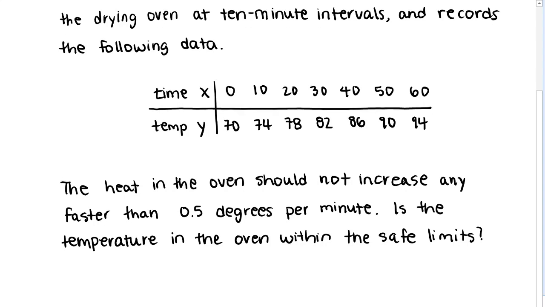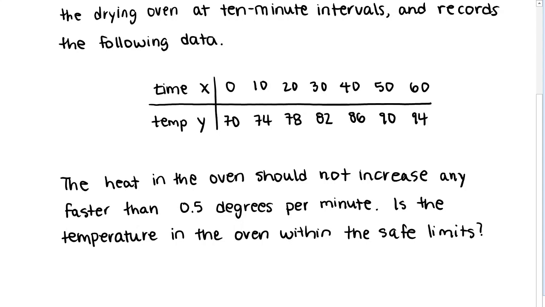It says that the heat in the oven should not increase any faster than 0.5 degrees per minute. Sometimes if the clay gets heated up too fast, it'll crack and the piece will get ruined. So for the piece to be safe, we want to make sure that the heat in the oven doesn't increase faster than 0.5 degrees per minute.